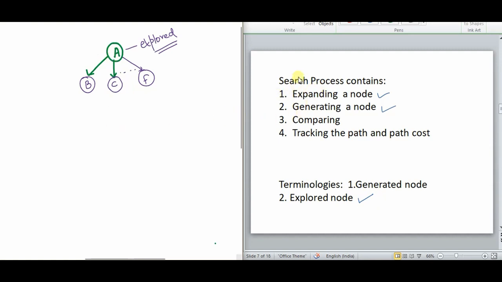So now, when we are doing this search process, it contains expanding a node, then generating a node, then comparing. Now comparing is very important. Whenever you are going to do these tree search processes or graph search processes, you will be already told that, let's say, A is the initial state, and it will also be told to you that G is the final state.